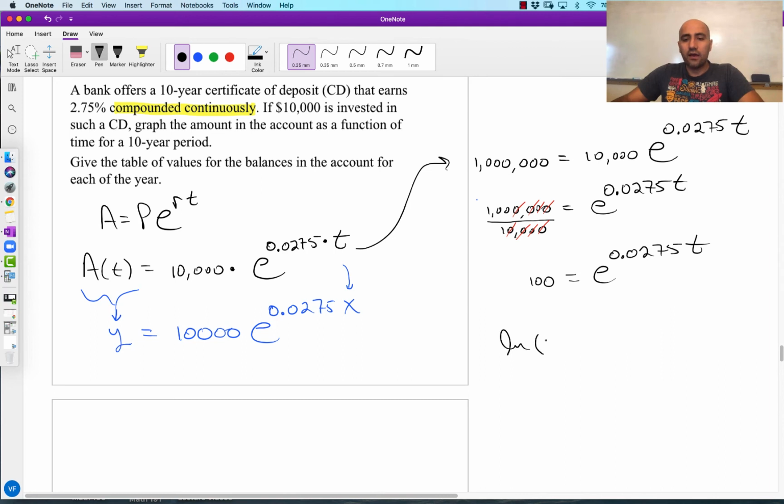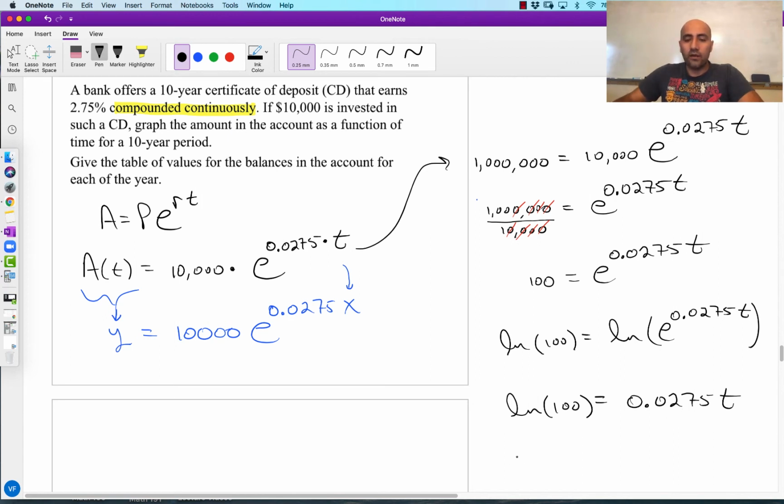So ln of 100 equals ln of e to the 0.0275t. These two are inverse operations, so we just end up getting ln of 100 equals 0.0275t.